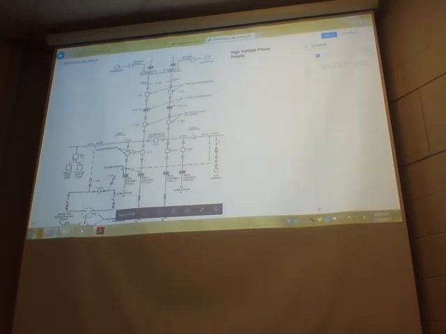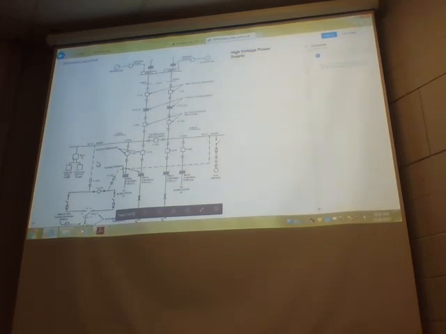If one of these is open for some reason, you lose power, this tiebreaker switchgear will close so that this side will feed all the way across here. If this tiebreaker was open, A bus would feed down all the left side over here, B bus would feed down in here and all the right hand side. So you have the option of having either A or B feeding everything here.